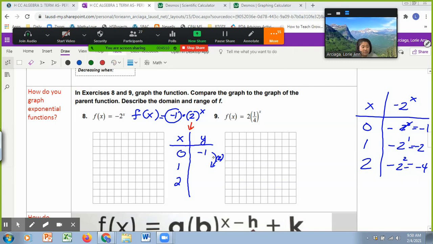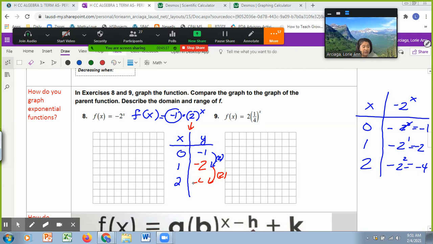So what will be the next one? 2 times -1 will be -2, right? Same thing that we got if we're doing a table of values the regular way. And then do it again. The growth factor is 2. So what will be your next number? If the growth factor is 2, you're just multiplying this by 2.